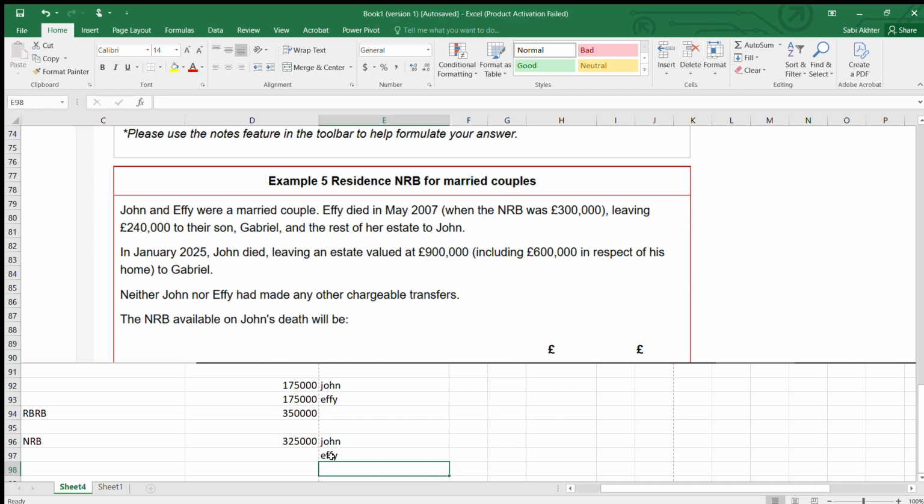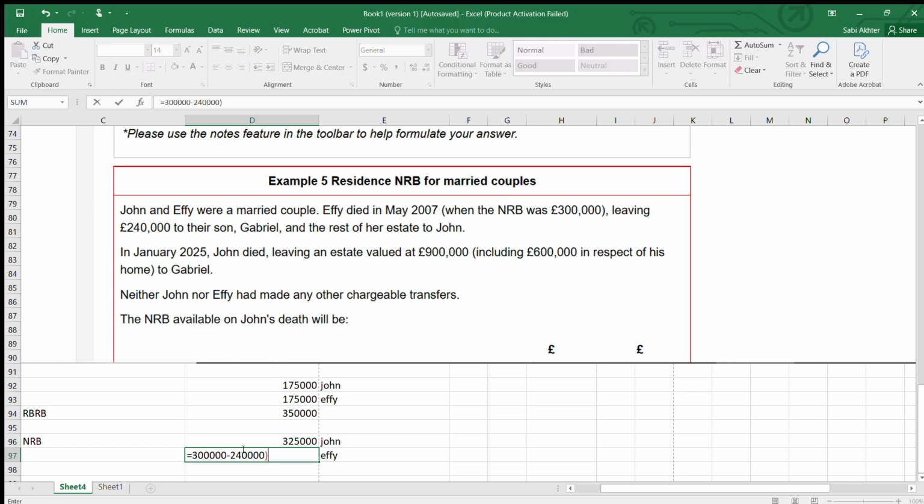So for Effie, how do you get it? You see the nil rate band was 300 that time. So from 300, you deduct 240 because you are leaving 240 to her son. So the difference would be the amount that you have utilized.